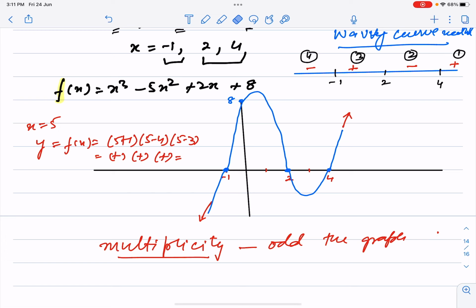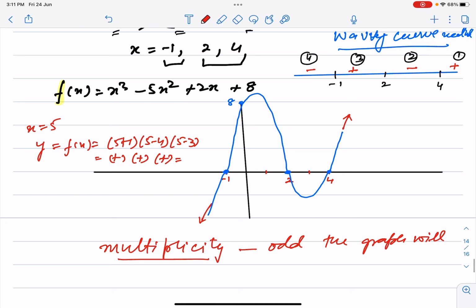My handwriting is a bit poor, so excuse me for that. When the multiplicity is 1, that is, the power of the factors is odd, the graph will intersect the x-axis.